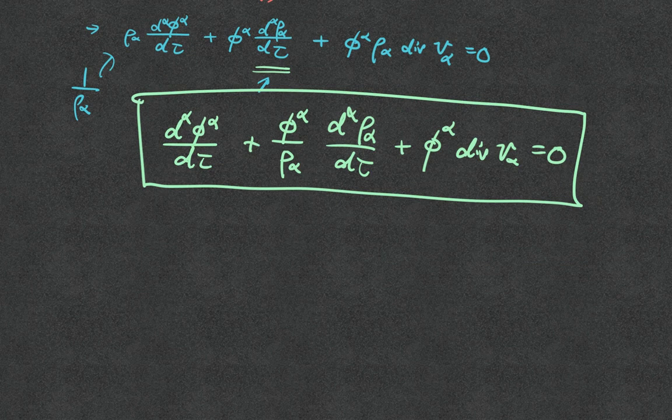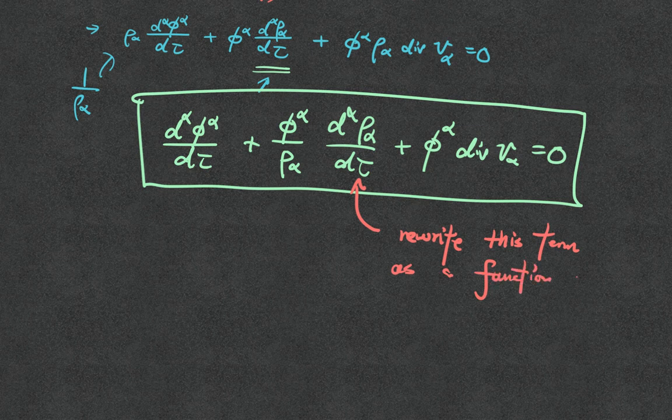Okay, so what I want to do in this particular case is to deal with this term. What I mean by dealing with this term is that I want to rewrite this term as a function of P alpha.